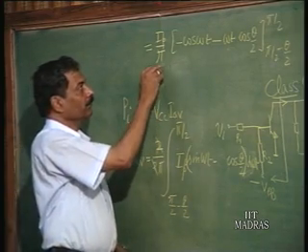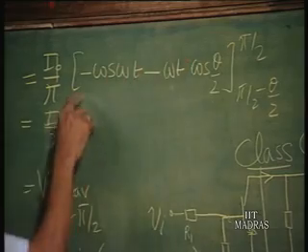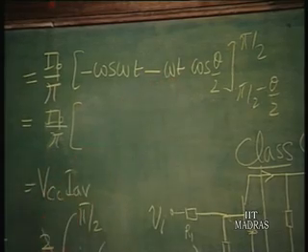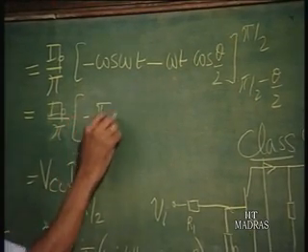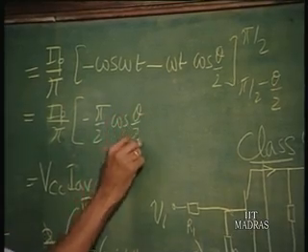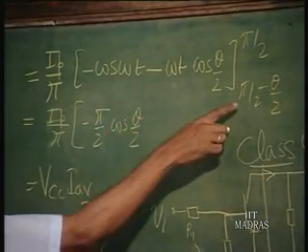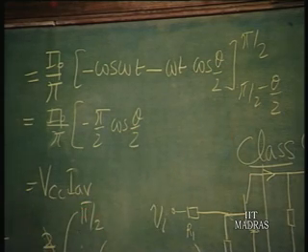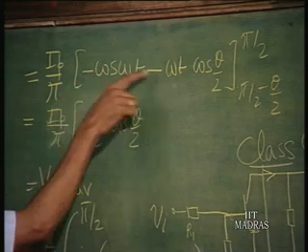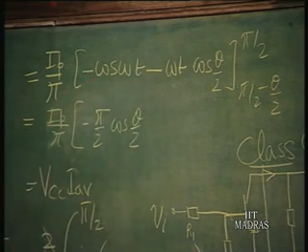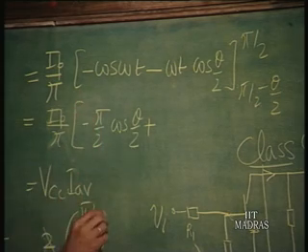So, this is equal to I p by pi, minus cos pi by 2, which is 0, minus pi by 2 cos theta by 2, then the other limit, which is minus minus this. So, here it will become plus, both will become plus, and therefore, plus cos omega t.